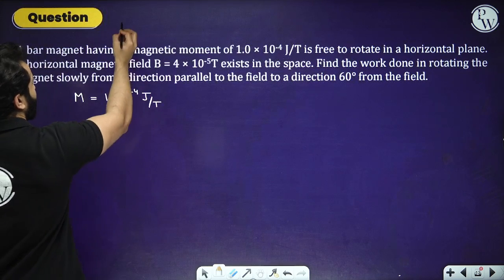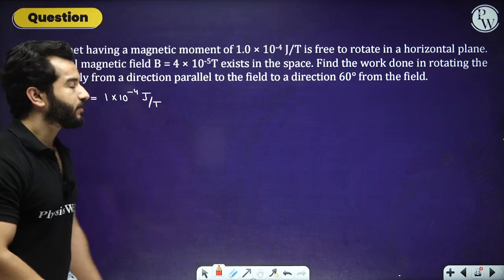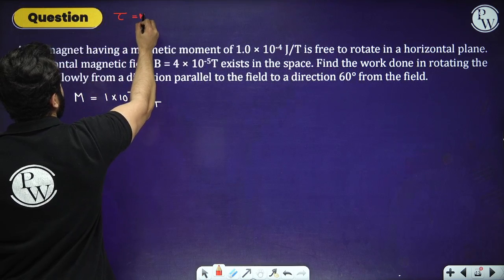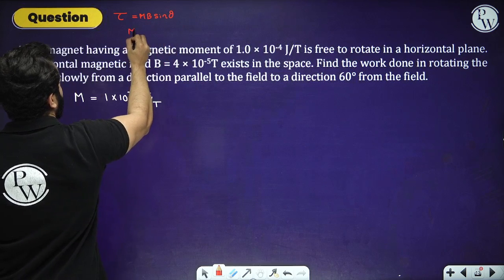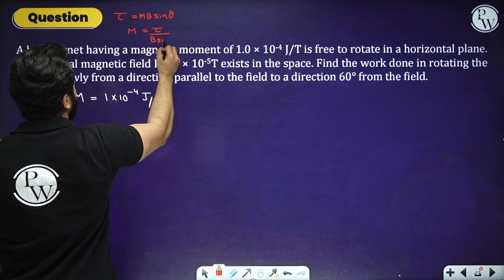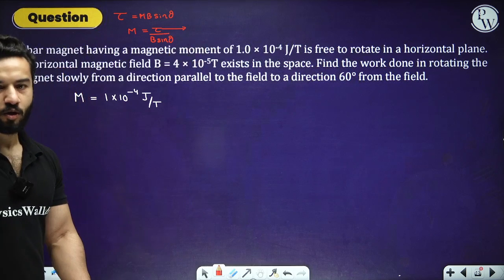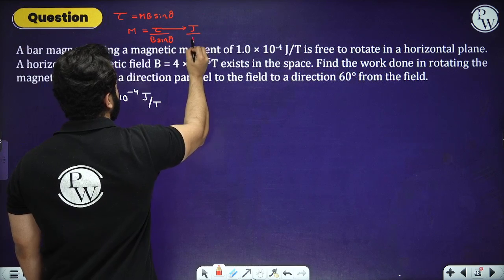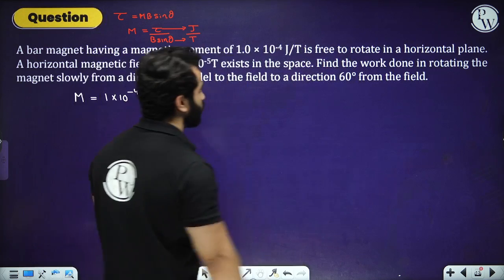Digressing from the topic, torque can be written as mB sine theta, so m can be written as torque upon B sine theta. Torque is nothing but Newton meter, which you can also write as joule, and this is Tesla, so joule per Tesla. So not to worry, you can also use this as a unit.